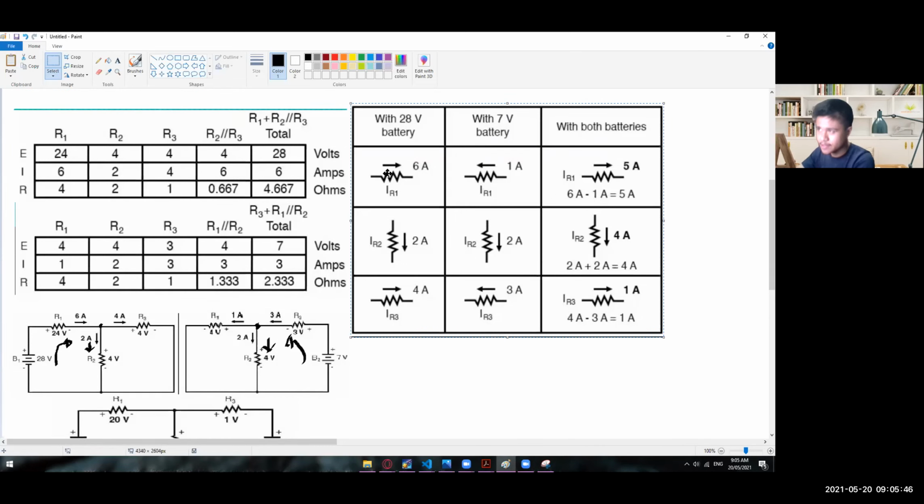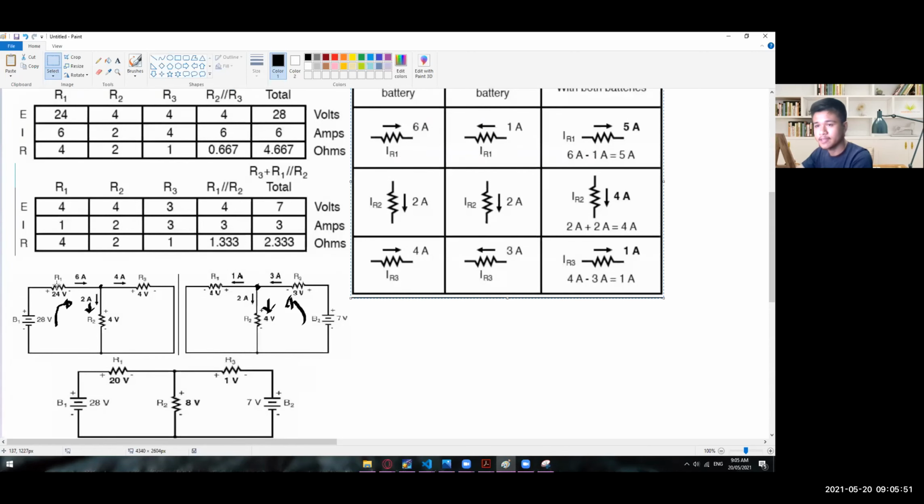So the same method. We have the IR1 right here, the final current on R1, the final current on R2, the final current on R3. So if you start with R1, it's very obvious that we have different polarity.